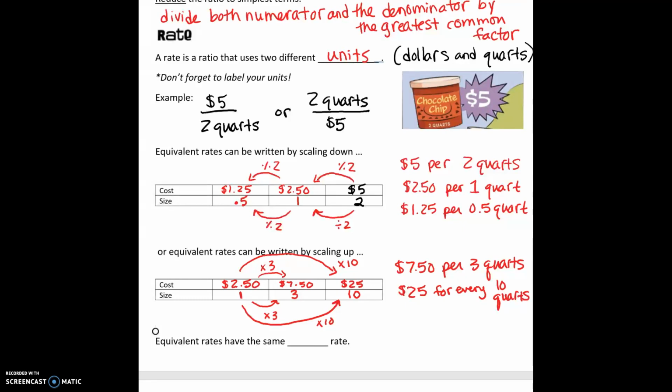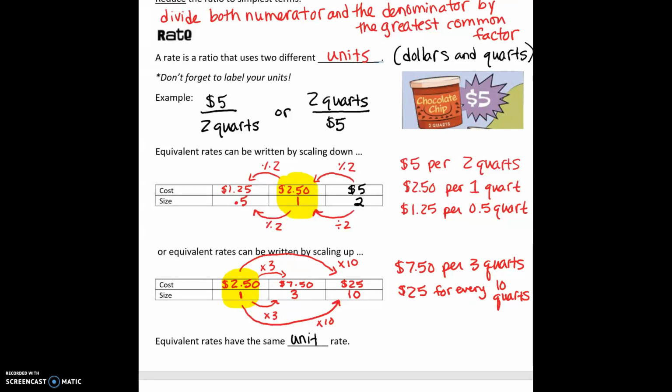So equivalent rates all have the same unit rate. So if I'm actually going to get a different color here, write that in here. My unit rates here are shown right here, where I've got $2.50 per 1 quart of ice cream, and you'll see that same $2.50 per 1 quart of ice cream that I used in both of these tables to scale up or down.